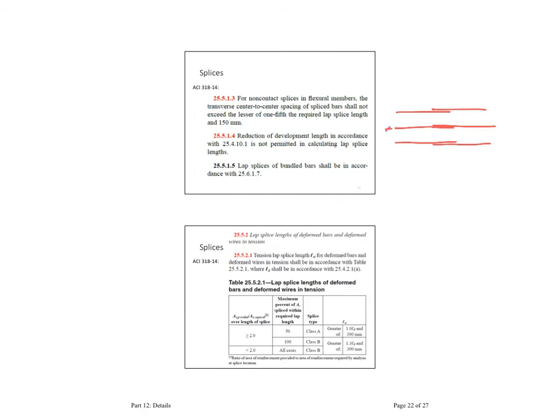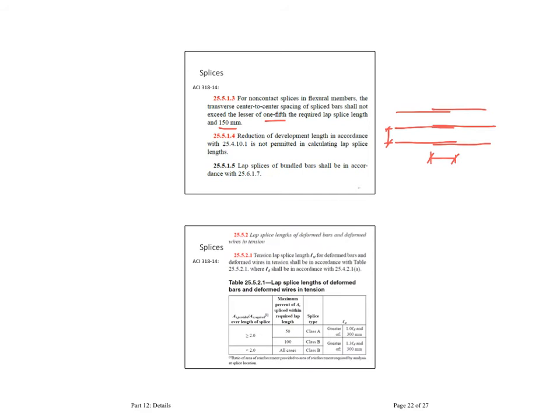So that distance here should not be bigger than the lesser of your lap splice divided by 5, which is 1/5 of the required lap splice, or 150. So you shouldn't have a big distance between the splices.